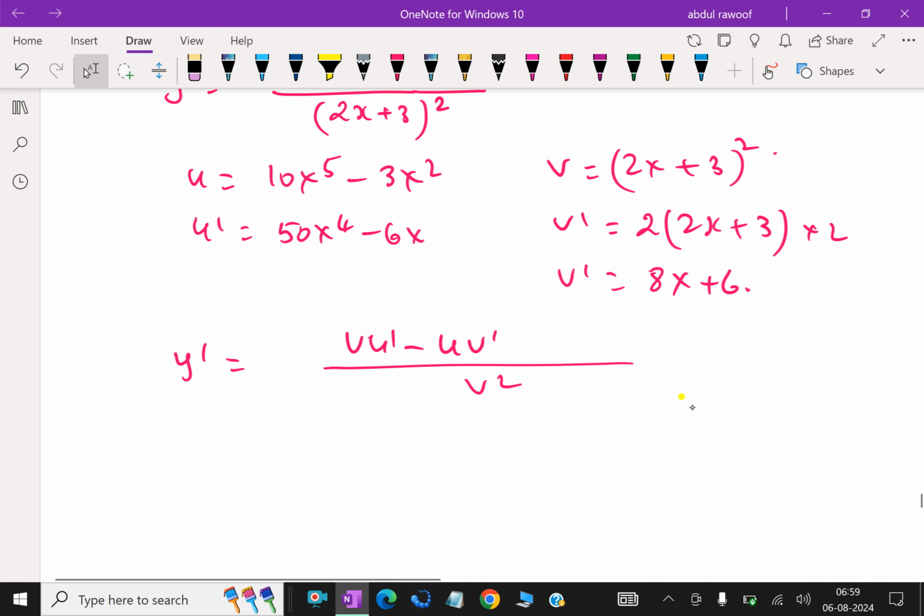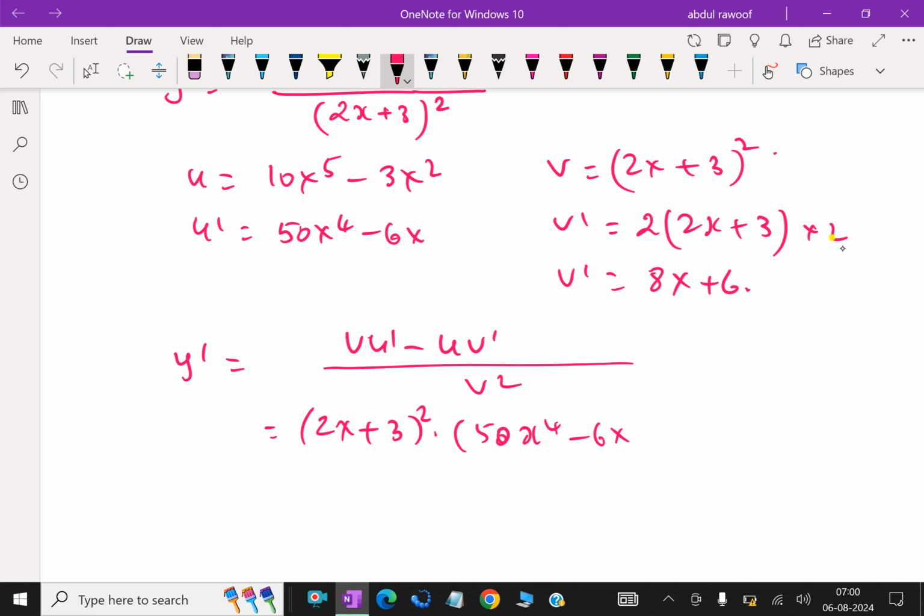minus u v dash. Then look at here, v is (2x plus 3) whole square and u dash is 50x power 4 minus 6x.